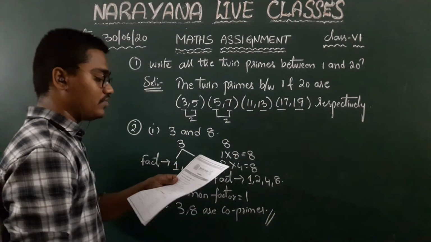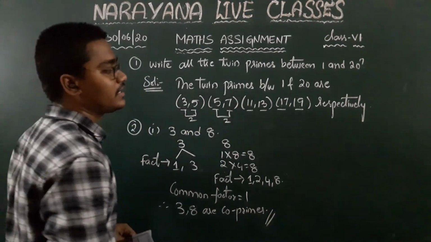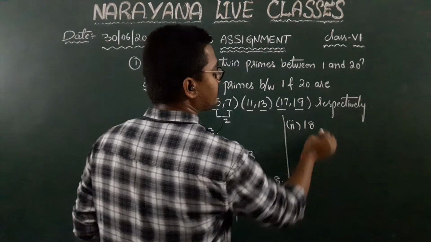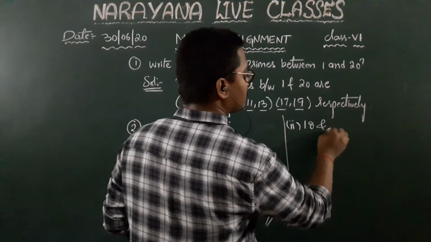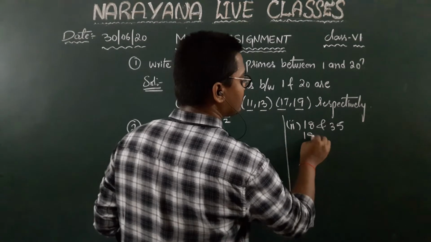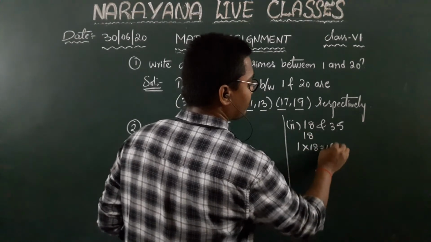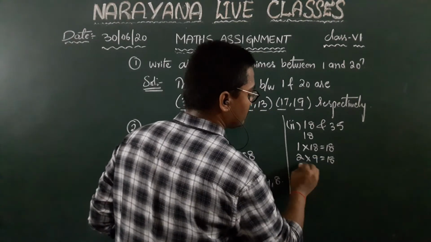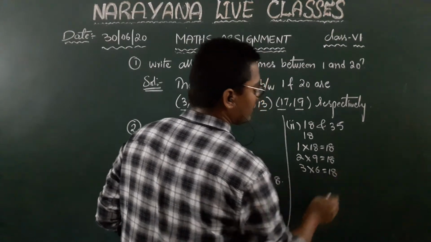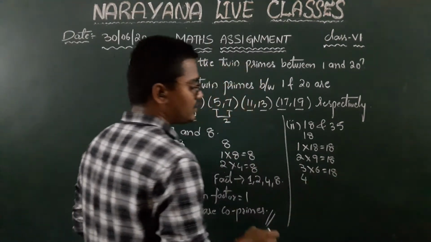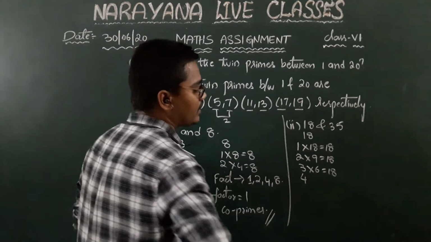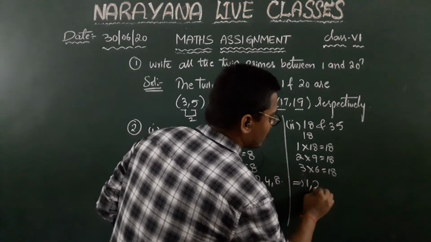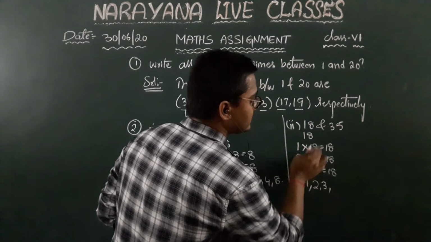Meanwhile, we have one more question under this children, that is 18 and 35. When you write the factors of 18 children, 1 18s are 18, 2 9s are 18, in 3 table 3 6s are 18, in 4 table 4 5s are 20, it is not a multiple, in 5 table it is not a multiple, so the factors are 1, 2, 3, 6, 9, 18.